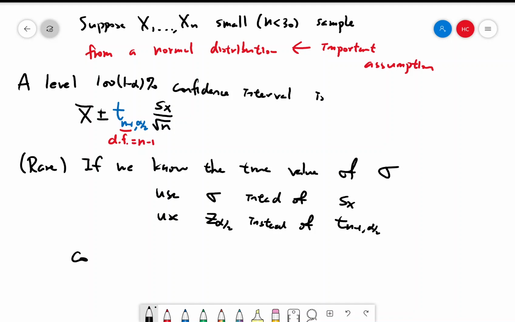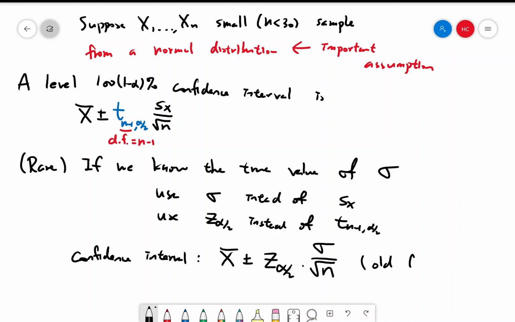So the confidence interval looks like what you have learned before. It's x bar plus minus z sub alpha over 2 times the standard deviation divided by the square root of the sample size. So this is our old formula, if we know the true value of the standard deviation, sigma.